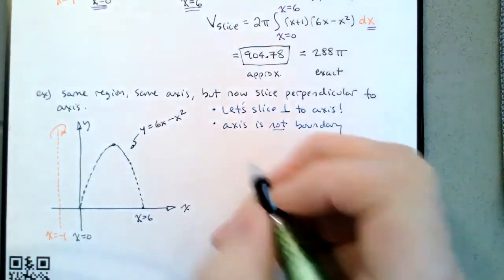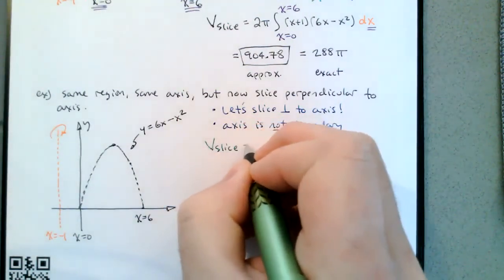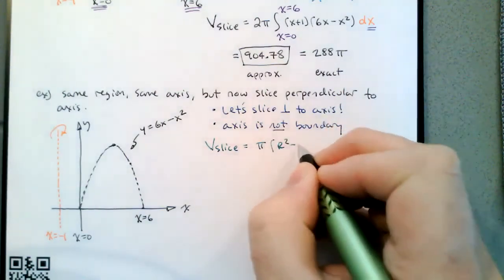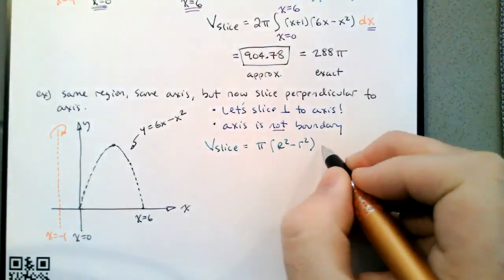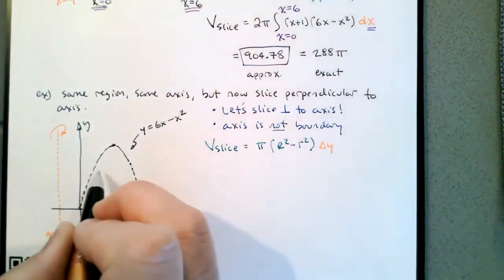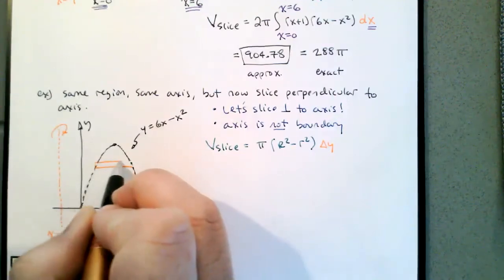That tells us that the volume of the slice that we should use is pi times the big radius squared minus the little radius squared times the delta variable, which is going to be a delta y. Because our axis is vertical, our slices are going to involve y.